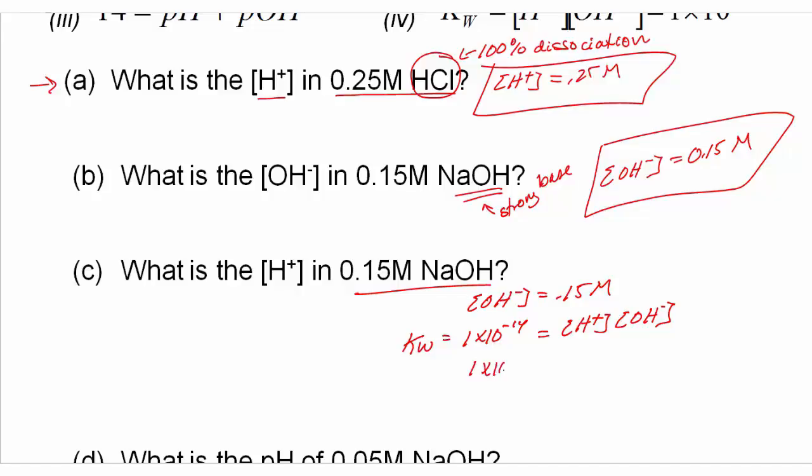So 1 times 10 to the negative 14 will be hydrogen ion times 0.15 molar. So my hydrogen ion concentration will be 1 times 10 to the negative 14 divided by 0.15, about 6.67 times 10 to the negative 14 molar.